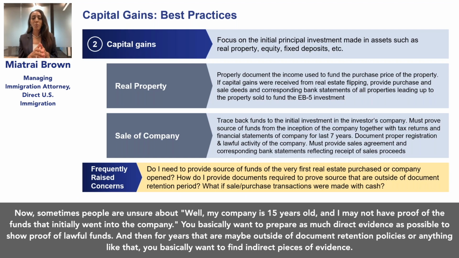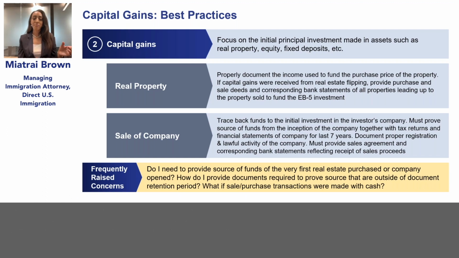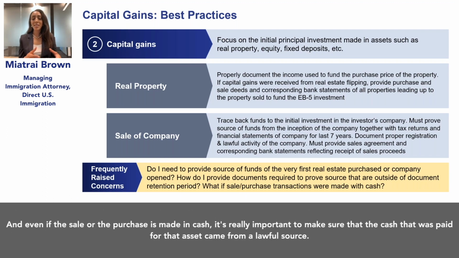You basically want to prepare as much direct evidence as possible to show proof of lawful funds, and then for years that are maybe outside of document retention policies, you basically want to find indirect pieces of evidence. And even if the sale or the purchase is made in cash, it's really important to make sure that the cash that was paid for that asset came from a lawful source.